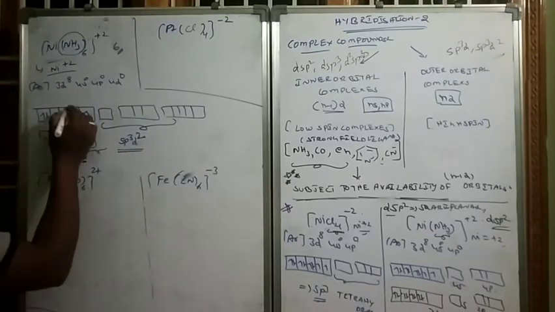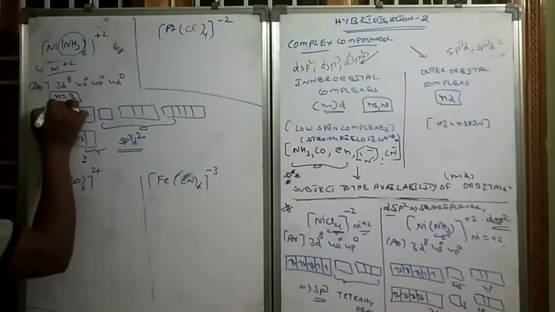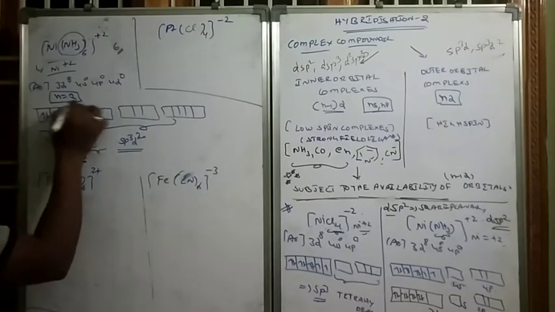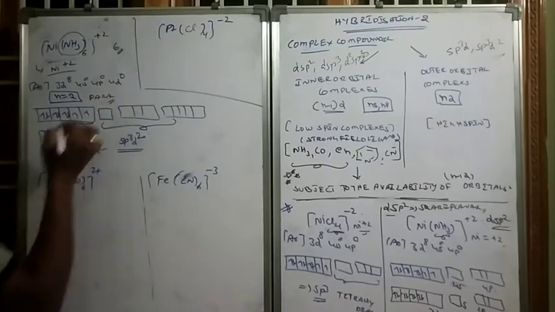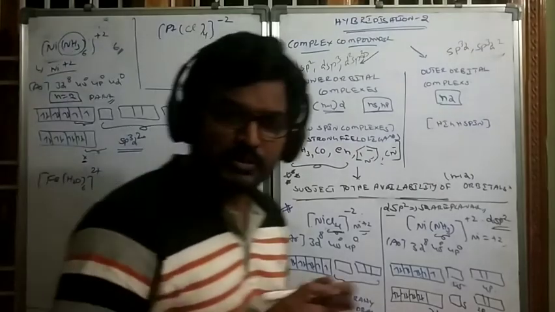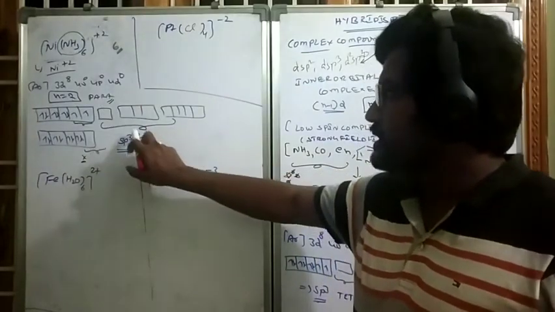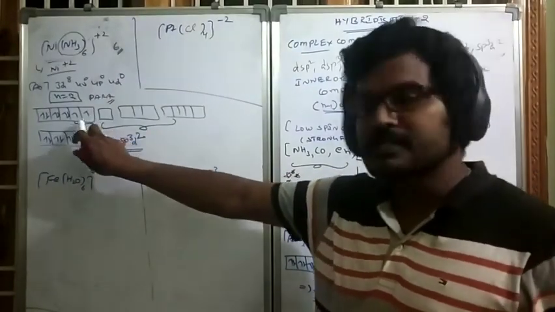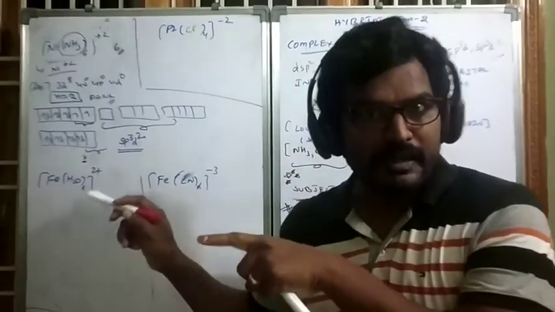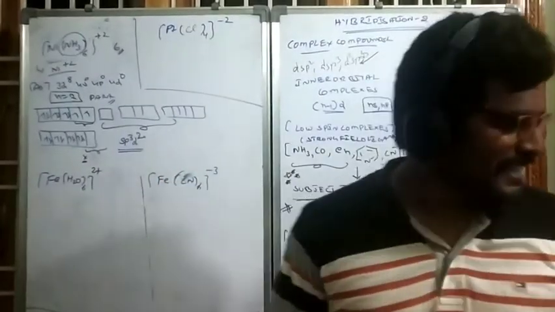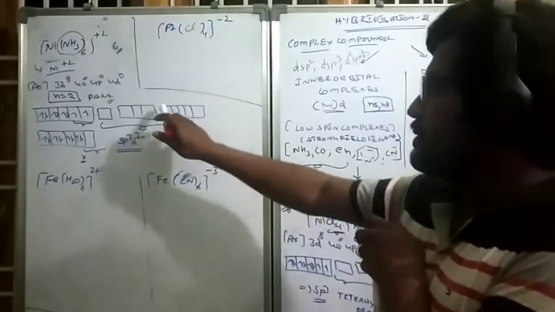So since it is forming an outer orbital complex, the number of unpaired electrons is 2, and it is a paramagnetic compound. So be careful with this. Why is it an outer orbital complex, or sp3d2 hybridization? Because the inner orbital is not available, so it will take electrons from the outer orbital.